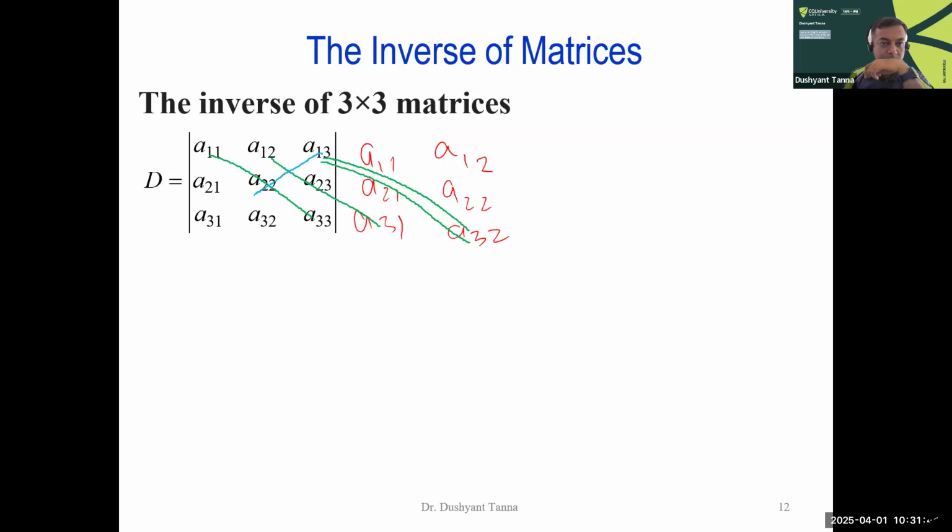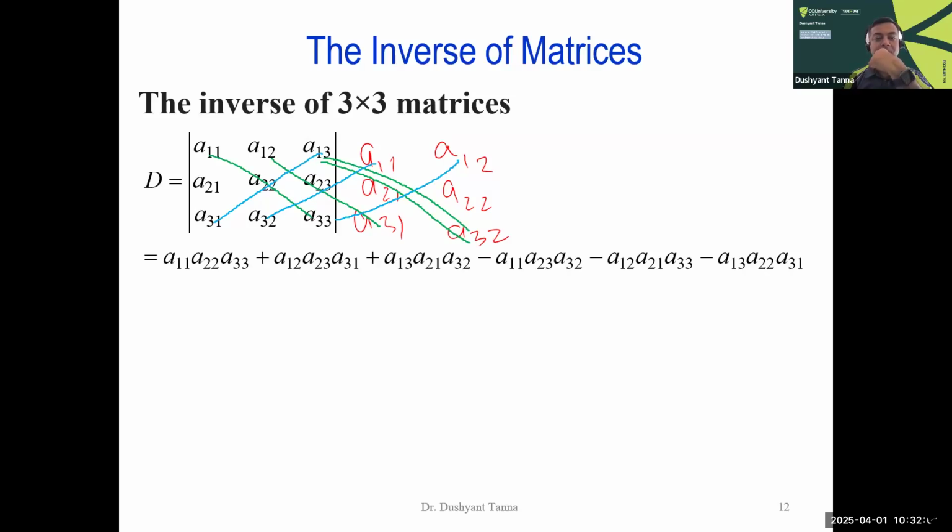This one, 1, 2, 3. They are being subtracted. The green ones are to be added, and the blue ones will be subtracted. So this is A11 A22 A33 plus the other green products, minus the blue ones.